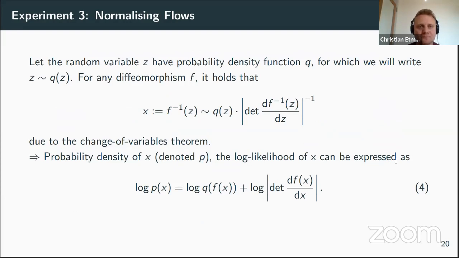As a third experiment, we were also looking at normalizing flows. And this is something that can actually only be done with fully invertible networks. And the background for this is the so-called change of variables theorem. So if we have some random variable z with known probability density function q, usually a standard normal distribution, then for any local diffeomorphism f, it holds that the random variable created by f to the -1 of z follows the following distribution, which we can actually calculate.